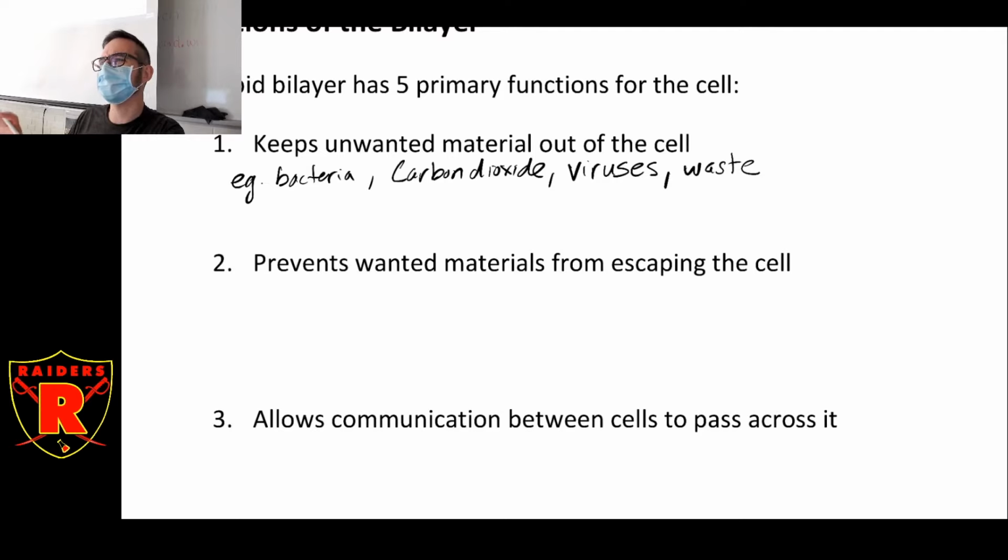That's like a special case, so I'm not going to write that down here. That might be a little confusing. But you're right though, sometimes cells don't want to take in more sugar. And then you release a hormone that tells cells not to take up sugar. Not insulin, but the other one. What's the other one called? Glucagon? Does that sound right? It's not glucose. Glucose is the sugar. I can't remember what that hormone's called now.